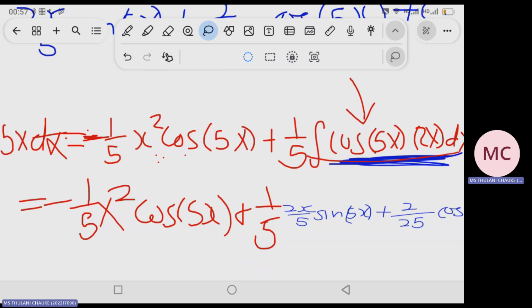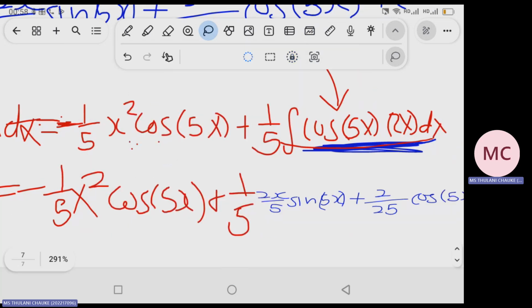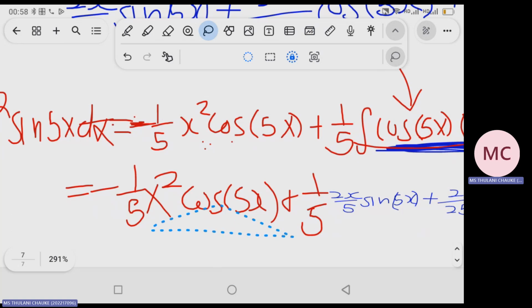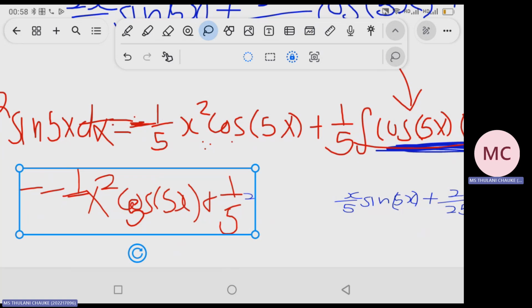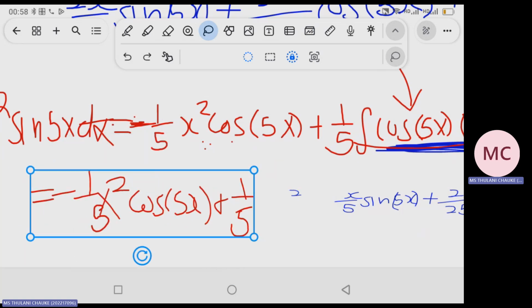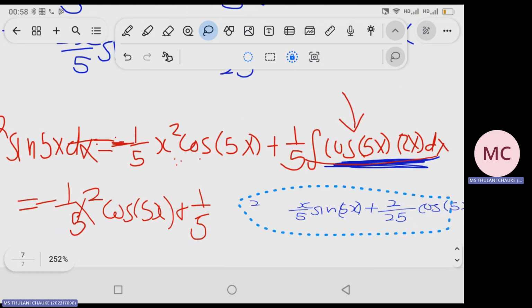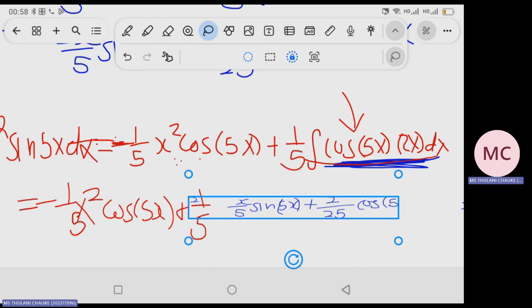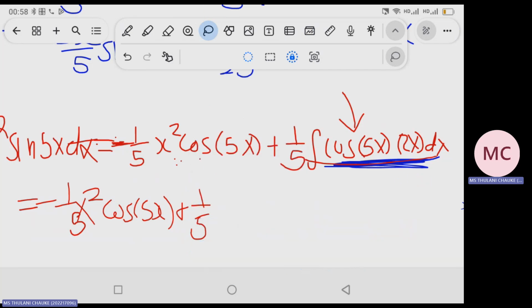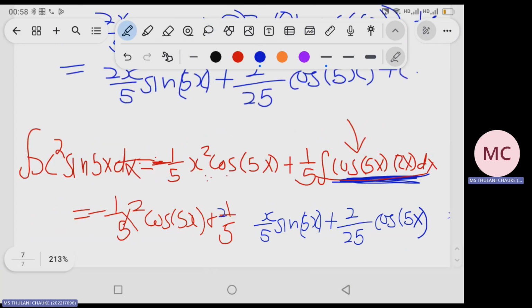That means we'll also have to reduce this one. Okay, we'll just put everything there. Here we're having 5x.